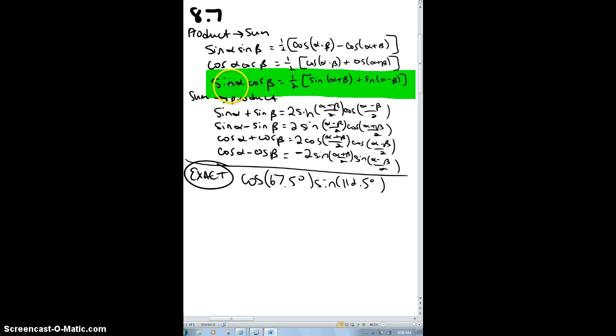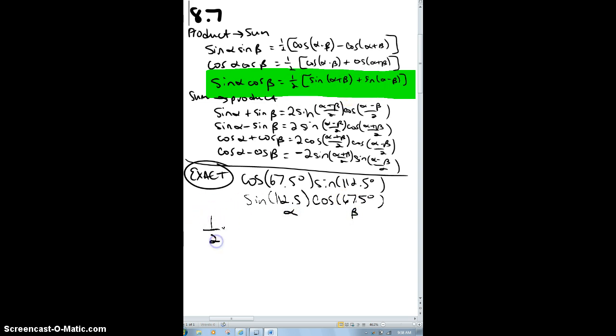Now I'm going to commute the order so my alpha and beta match up. So sine of 112.5 and cosine of 67.5. My alpha is this one and my beta is this one, and then I should be able to just fill in the blanks.